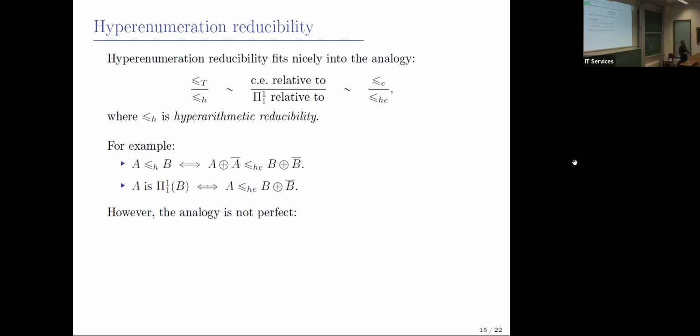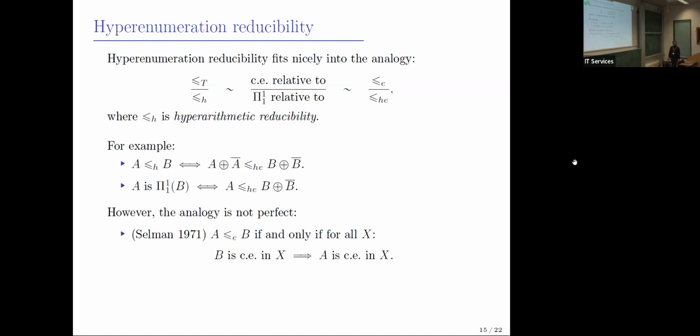And here I'm advertising a result of Maria's student, Josiah Jacobsen-Grocott. So Selman's theorem, a really important result if you're studying enumeration degrees, says that A is enumeration below B if and only if for all x, if B is CE in x, then A is CE in x.